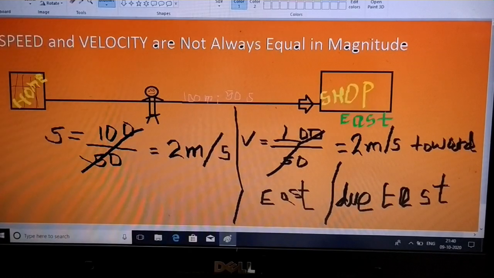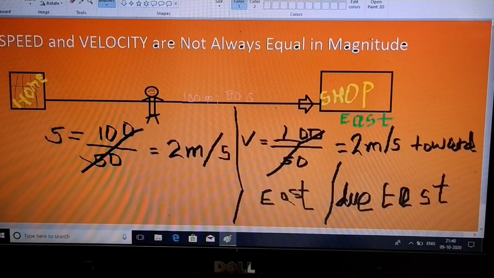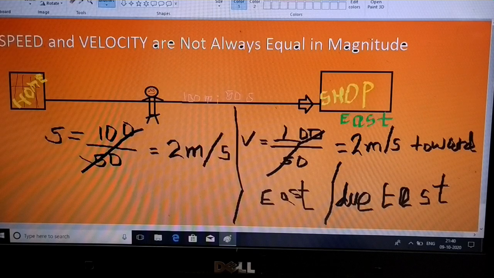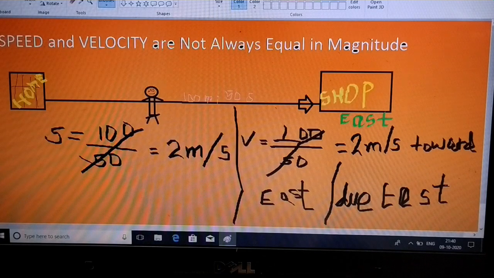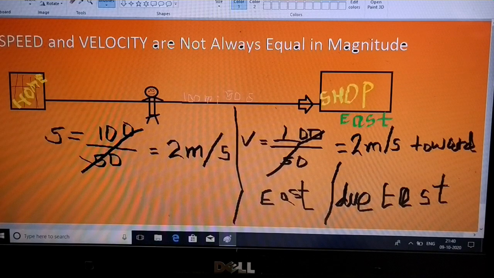Here the conclusion is that the magnitude of speed and velocity of a moving body is equal only if the body moves in a single straight line, like the child in the above case.